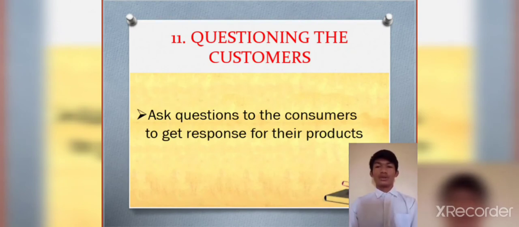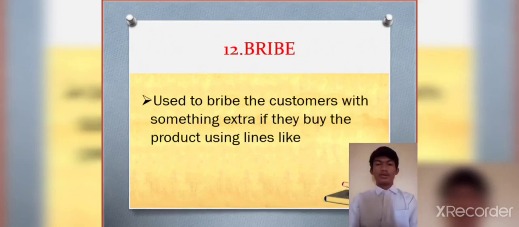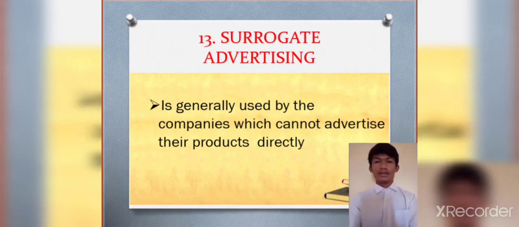Ask question to the consumers to get response for their products. Bribe. Used to bribe the customers with something extra if they buy the product. Surrogate advertising is generally used by the companies which cannot advertise their products directly.